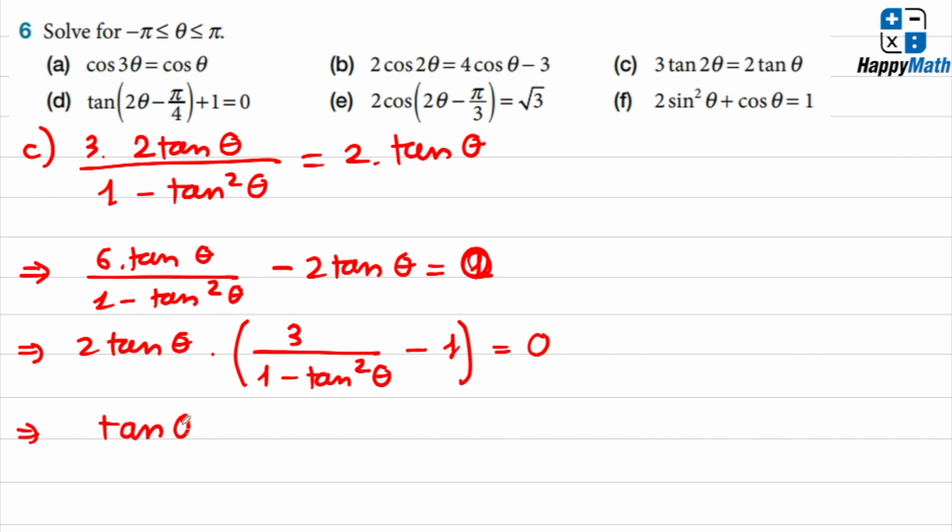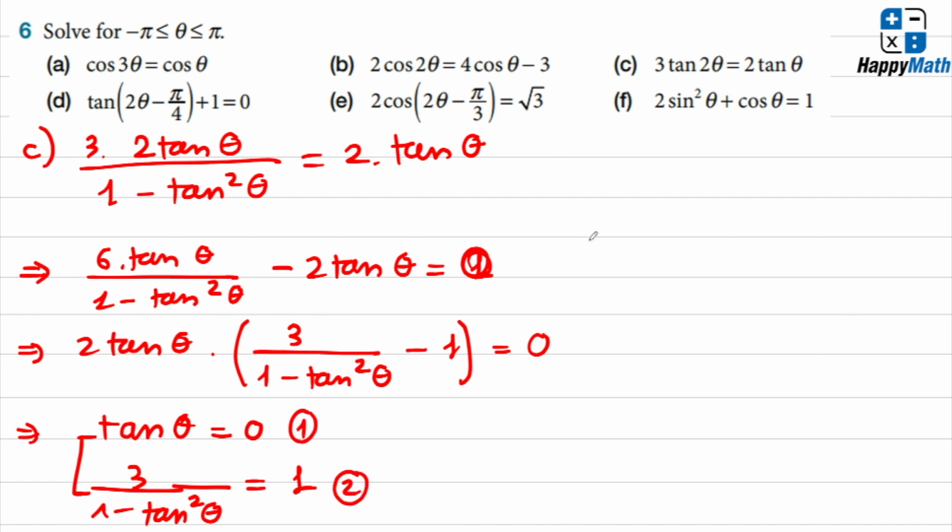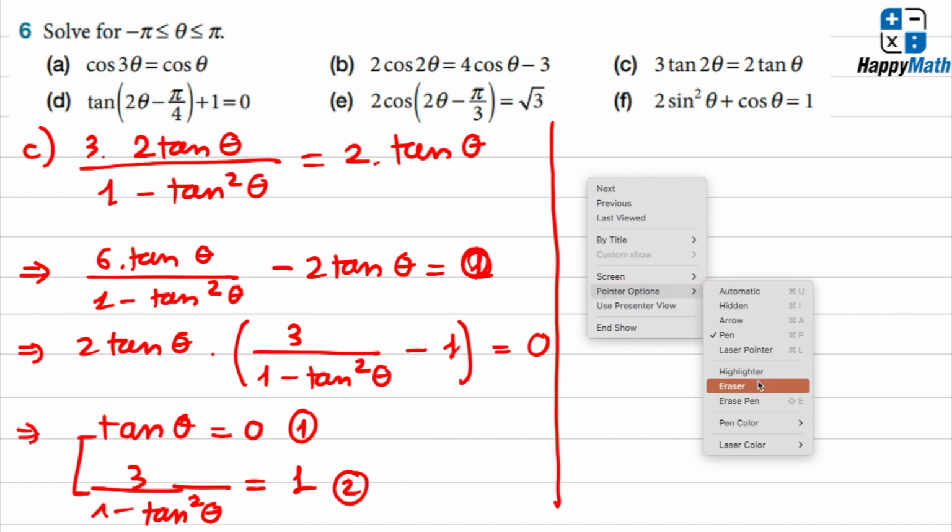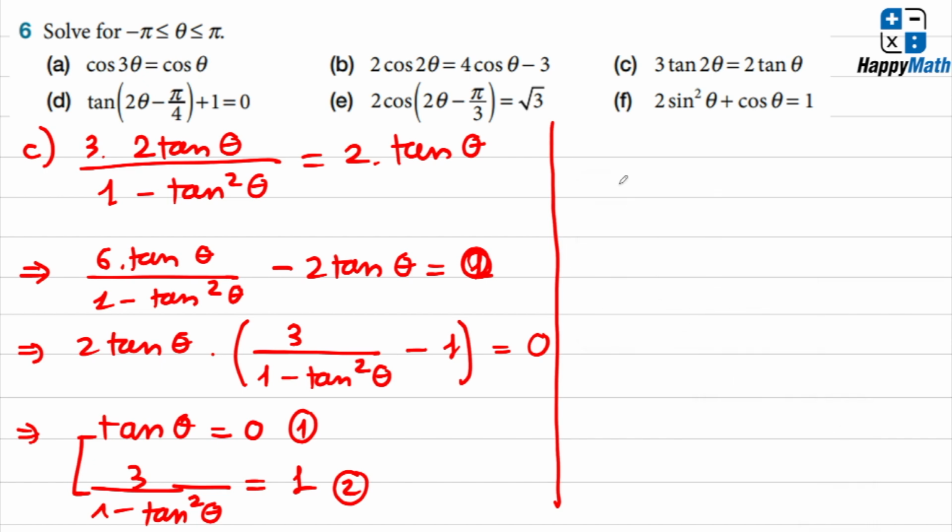And this one will correspond to two things. The first one, tan theta equal to 0. And the second bracket will be equal to 0. The first equation and the second equation. Question 1, you got tan theta equal to 0.